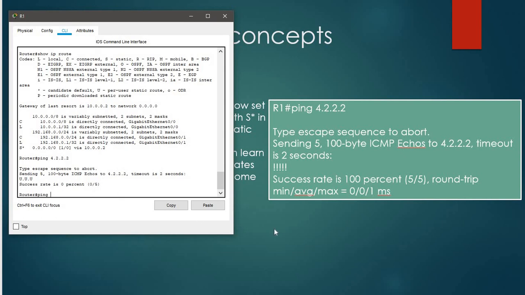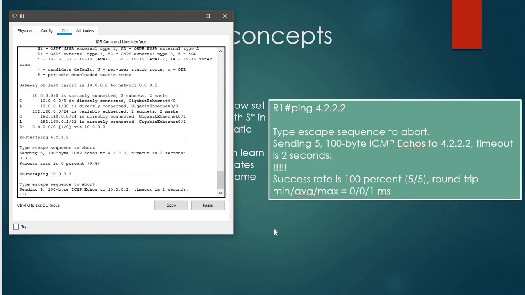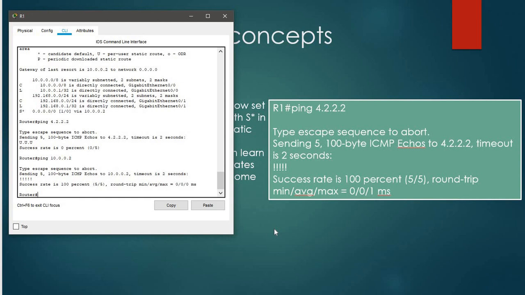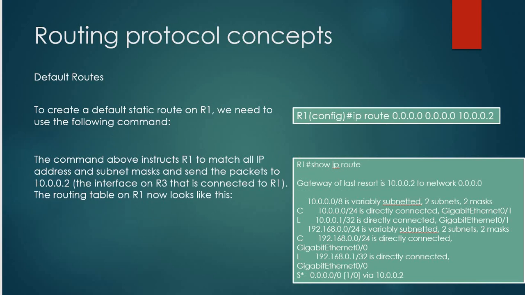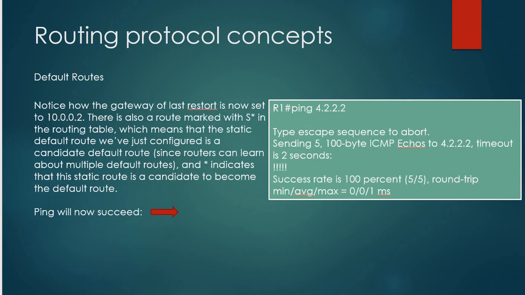Let me check. The next route is now set to 10.0.0.2, and the reply is coming from this IP.